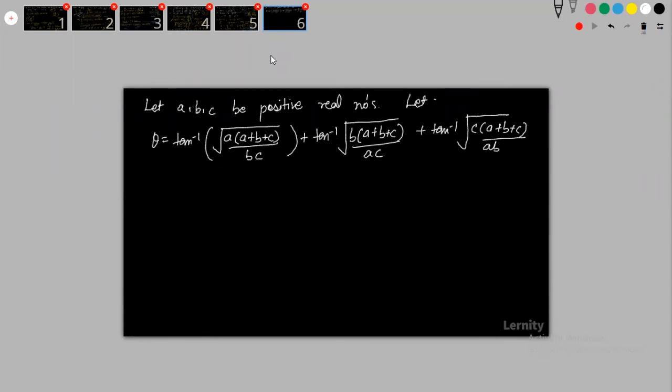Okay, fine. If this is the value of theta, then find tan of theta.